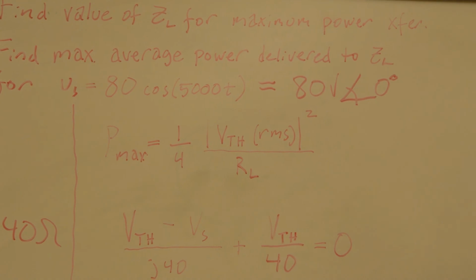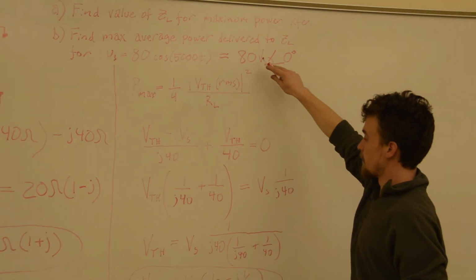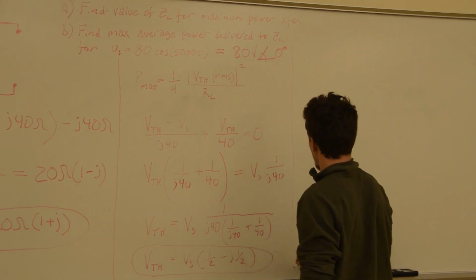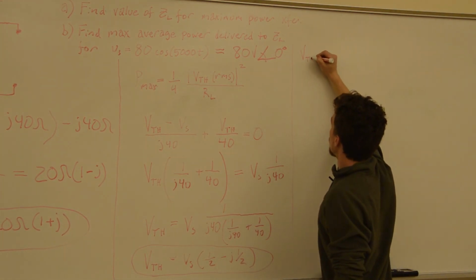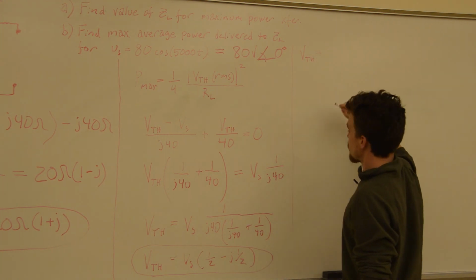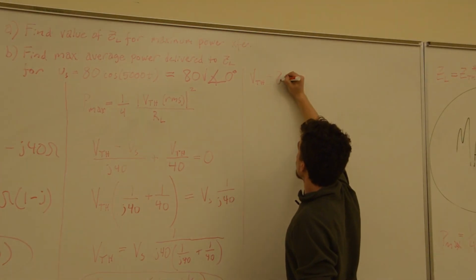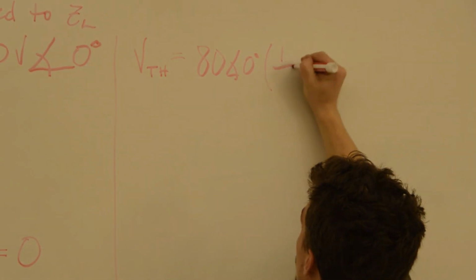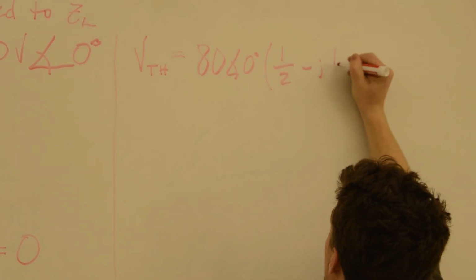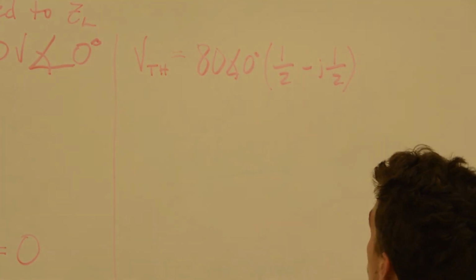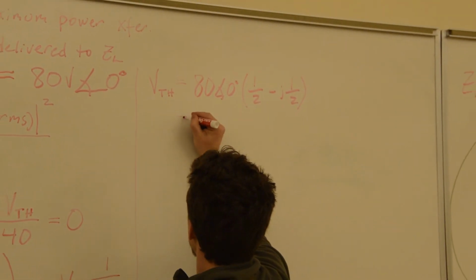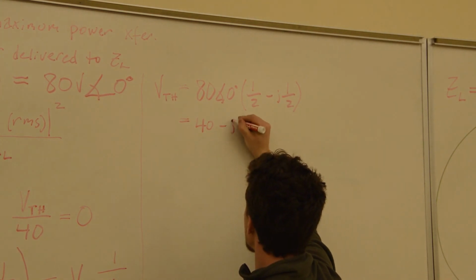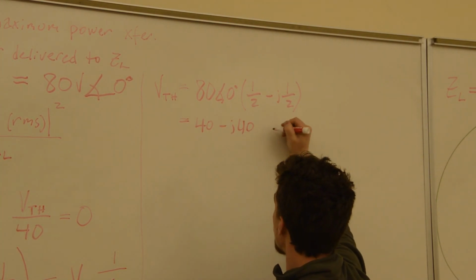Now we can substitute this in for Vs, and we get that our Thevenin voltage is equal to 80 phase 0 times 1/2 minus J 1/2. That is equal to 40 minus J40 volts.